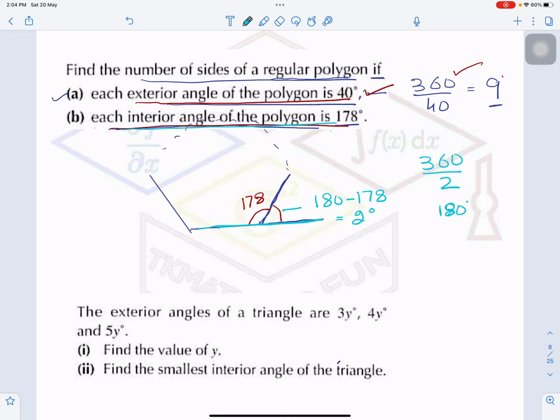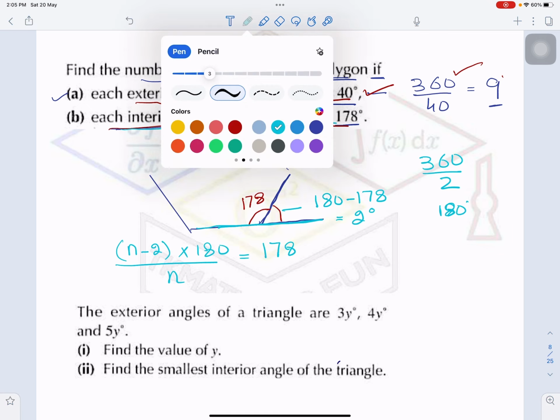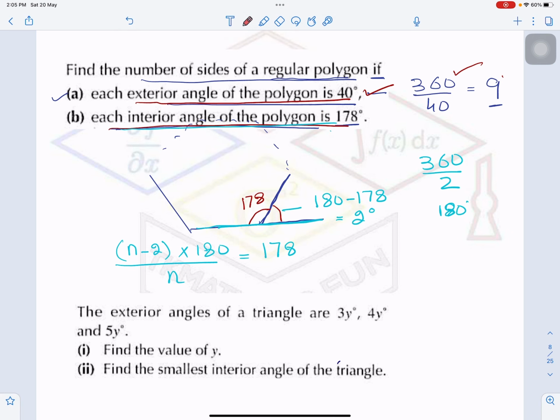Otherwise, what you can do? The long method is n minus 2 into 180 divided by n. This is the formula for one interior angle. Put it equal to 178 and then solve it algebraically. You know how? Cross multiply.